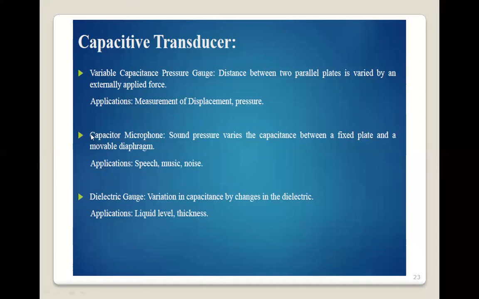Okay, so the next type of capacitive transducer is the capacitance microphone. So sound pressure varies the capacitance between the two plates and the movable diaphragm.